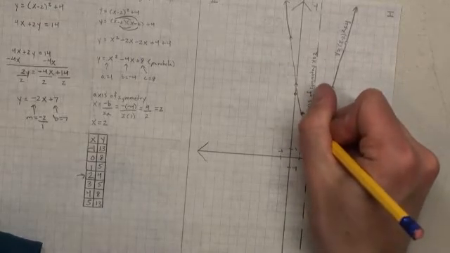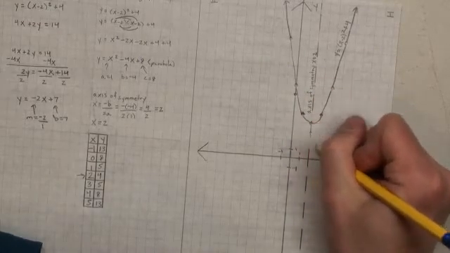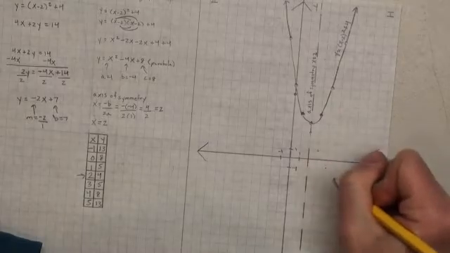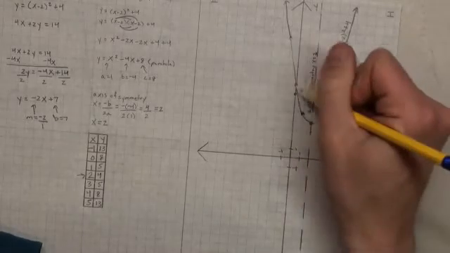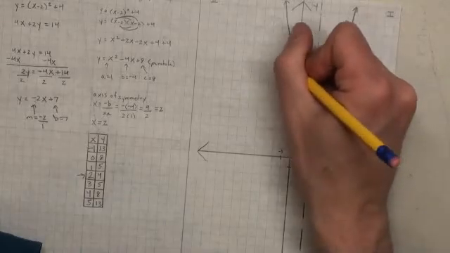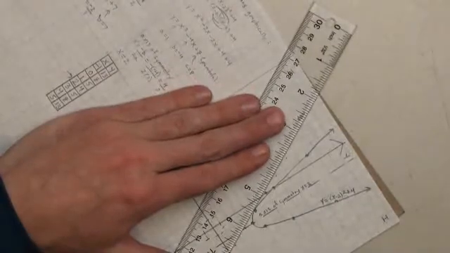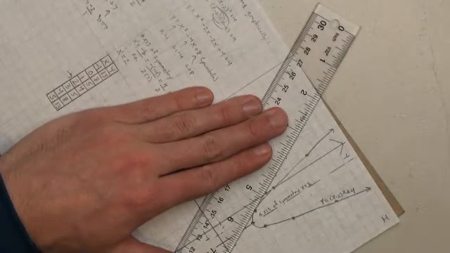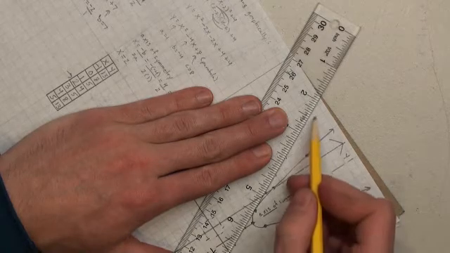There's one point of intersection. Looks like we're only going to have one. I can also go up 2 and to the left 1. Okay. Looks like we're just grazing the parabola. So we're tangent. Hopefully you remember that word.